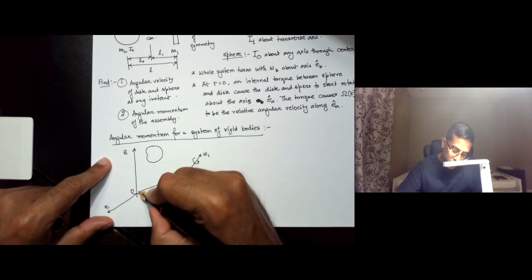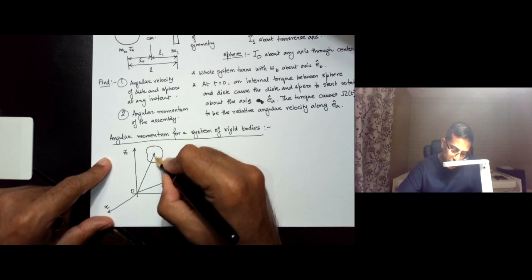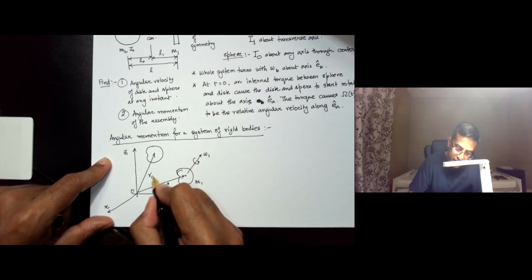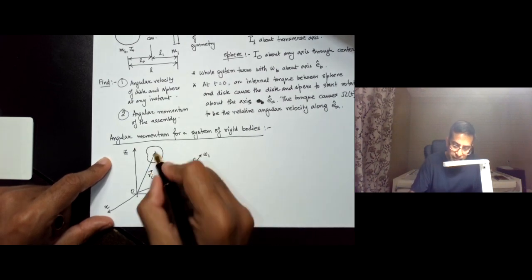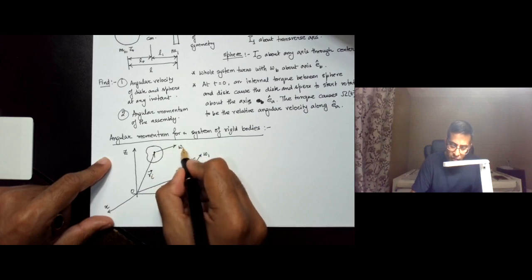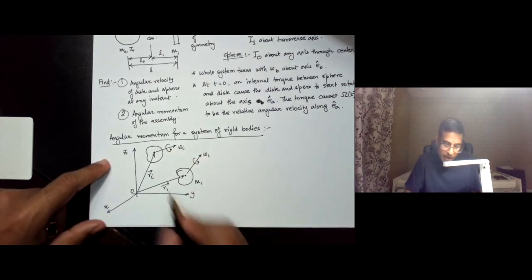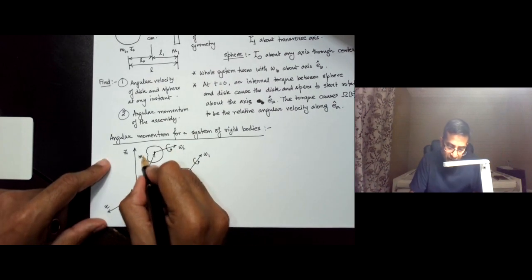This is the origin O. Similarly, the ith rigid body has a position vector ri, an angular velocity of omega i, and a mass of mi.